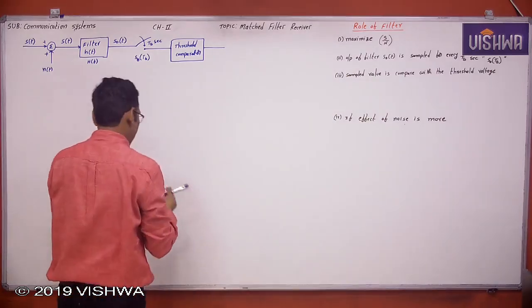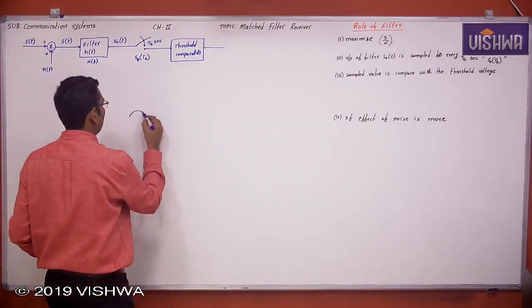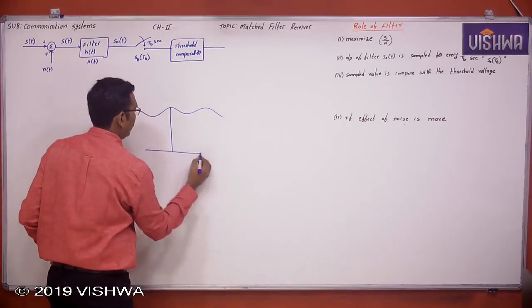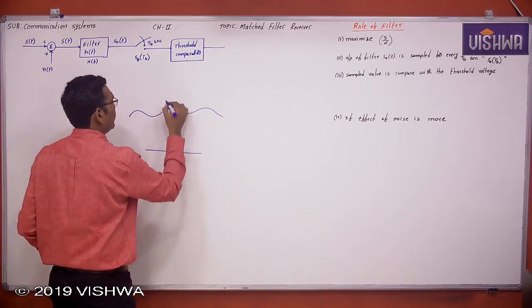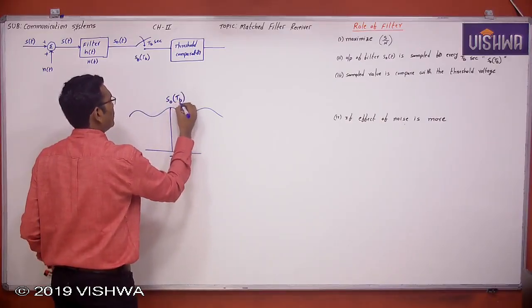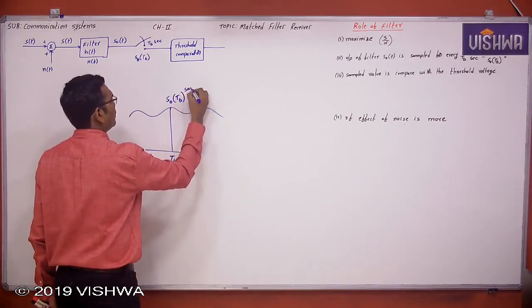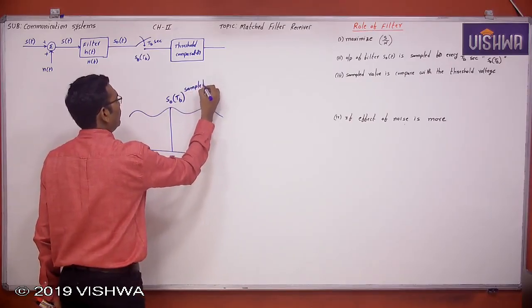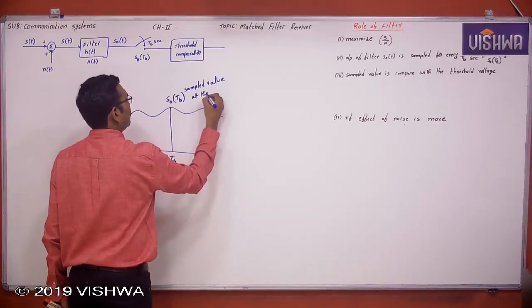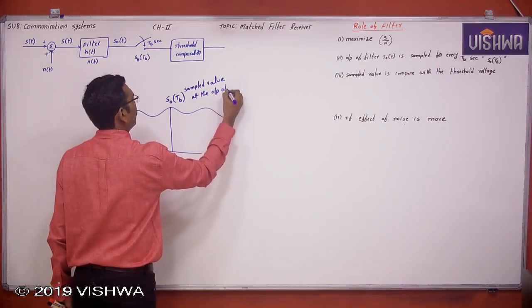Let us assume this signal is sampled at TB seconds. Therefore this is S0 of TB, the sampled value at the output of the filter, am I not?